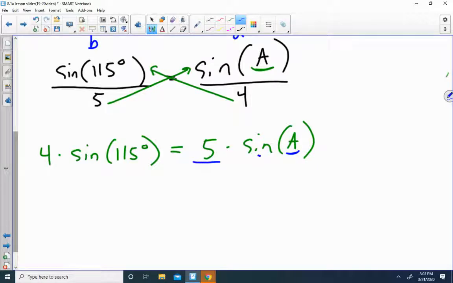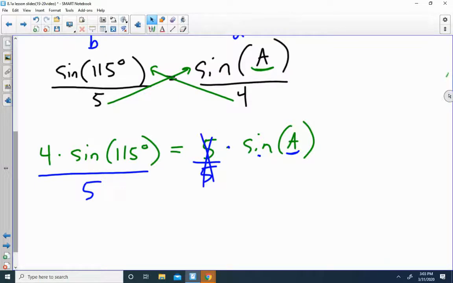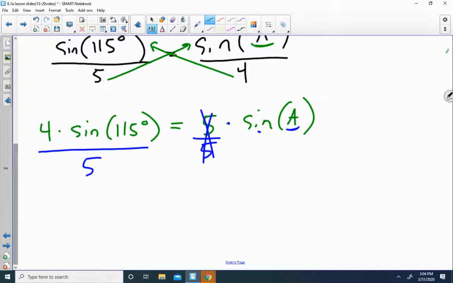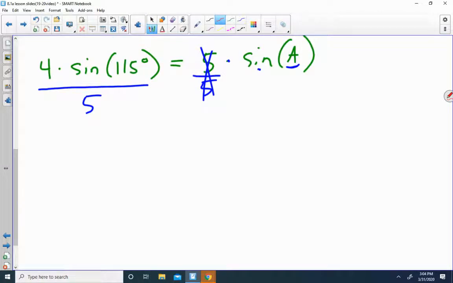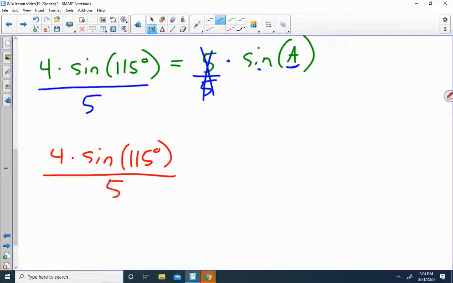For now, let's do the easy stuff and get rid of the 5. And since it's being multiplied, you have to divide to get rid of it. So continuing from there, we currently have 4 times sine of 115 degrees, all divided by 5, and that's going to be equal to sine of A.